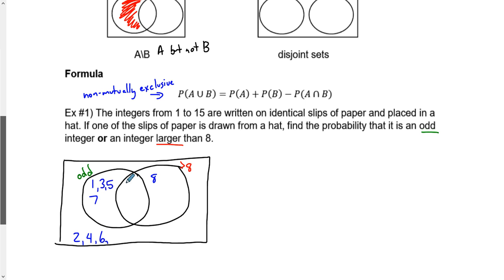It's both odd and it's greater than 8. So 9 would be there. 10 would be there. 11 in our intersection.